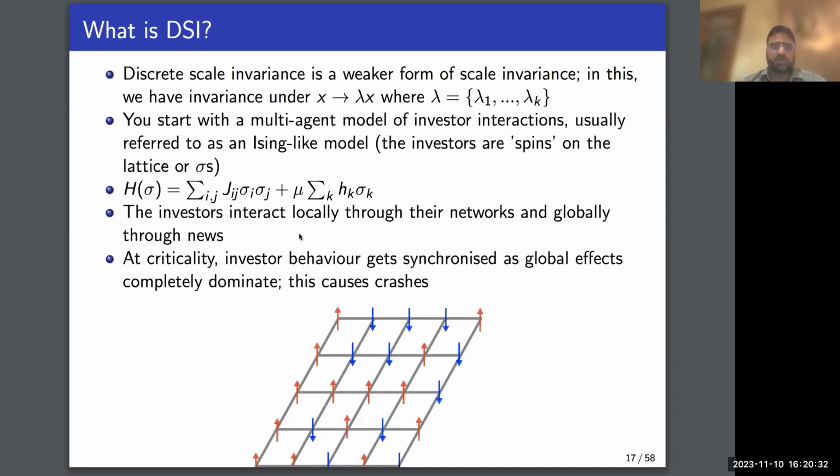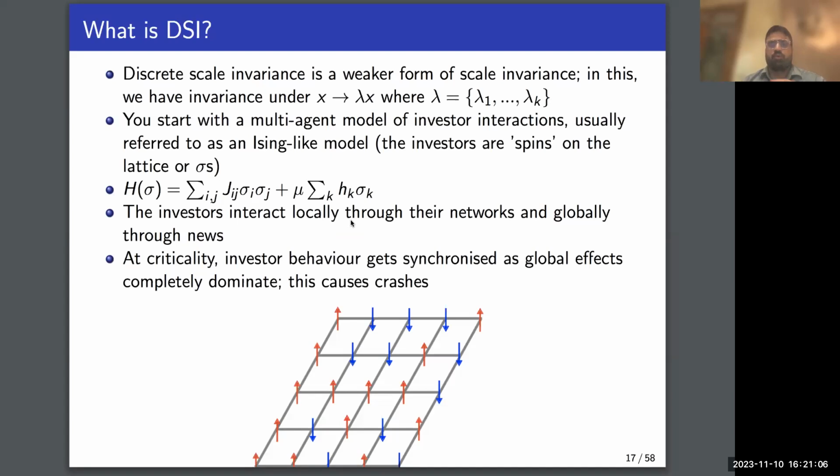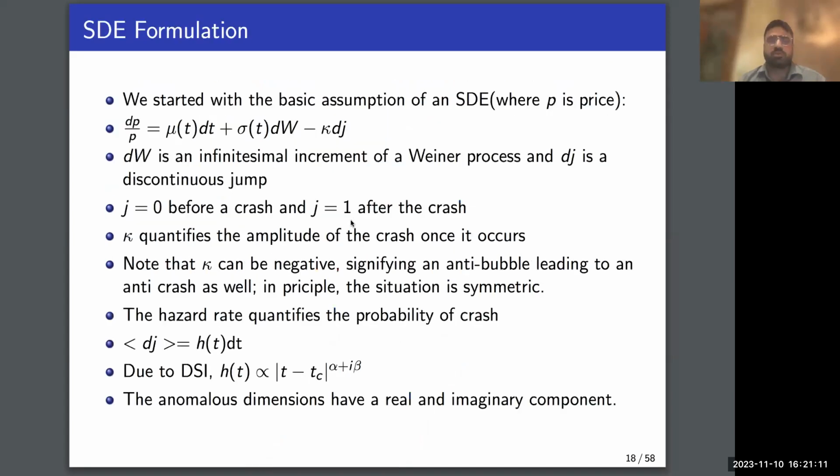Where they interact locally with each other through interactions Jij, and then globally throughout the system through news or social media, etc., through these interactions H of k, right? And at criticality, global effects, the H's, dominate, and investor behavior gets synchronized, and that can result in a crash or an anti-crash as the whole market tends to tilt in a certain direction, right? And so this is the framework, the multi-agent framework on which the model is based.